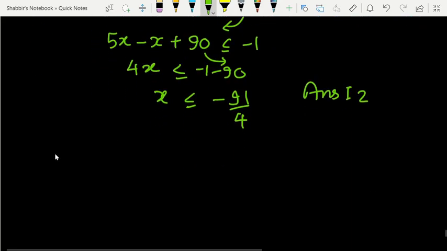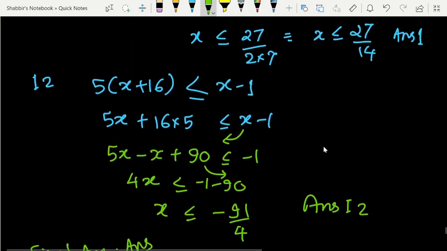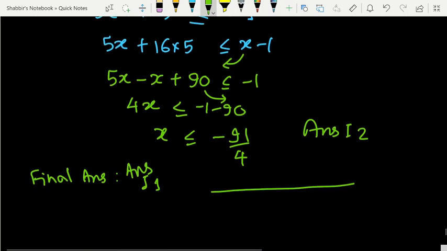Now the final answer is the intersection, because the question involved comma, the intersection of these two. So answer of I1, I will directly plot. It is less than equal to 27 by 14, which is a positive quantity, 27 by 14.